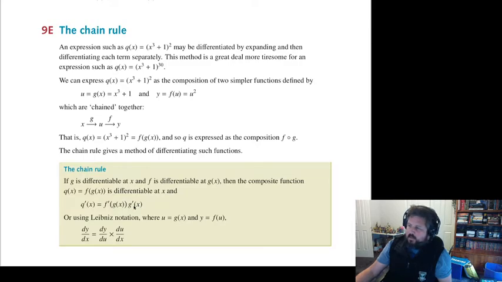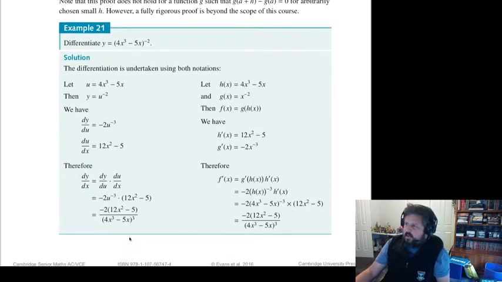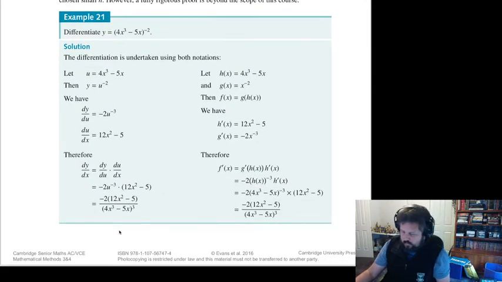I prefer using Leibniz's notation, where you have u and you also have y, and we say the derivative dy/dx is equal to dy/du multiplied by du/dx. I probably prefer this notation, but everyone's got their choices. I'm happy for you to read through that to be happy with how it's all derived. There's a bit of proof there if you don't believe what's going on.